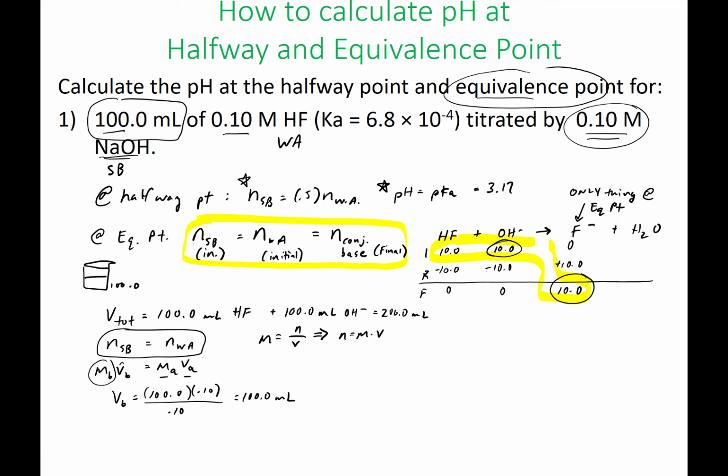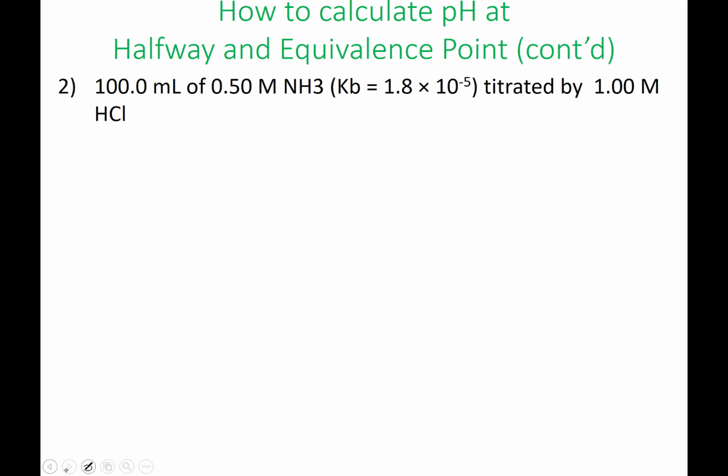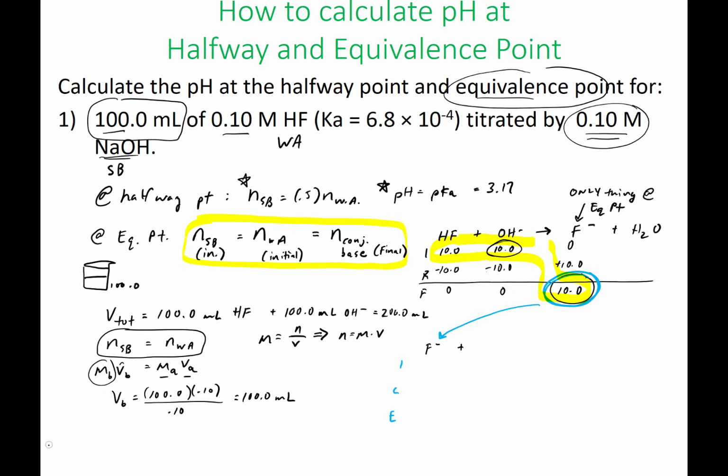milliliters. And this is important because of our concentration of the base, so we're going to take this number and put it in our ICE table here. So we have our 10 millimoles divided by our 200 milliliters of total volume.